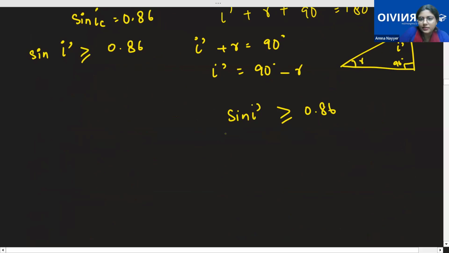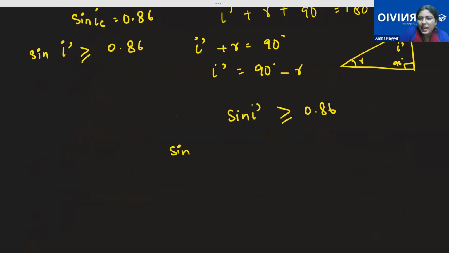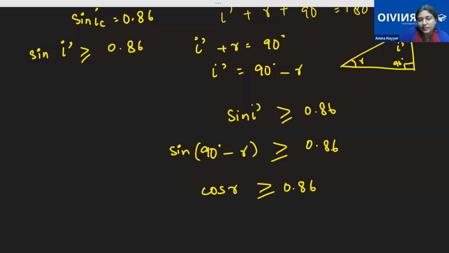Now I can put this instead, because I dash is not helpful. Somehow I want R. Now with the help of this, I can introduce R, and once R is reached, we'll be able to get I. So this will be sine of 90 minus R is greater than or equal to 0.86. Sine of 90 minus theta is cos R, so cos R is greater than 0.86.